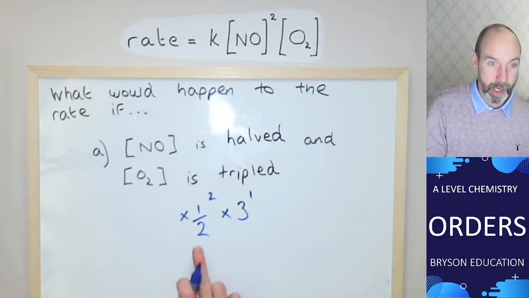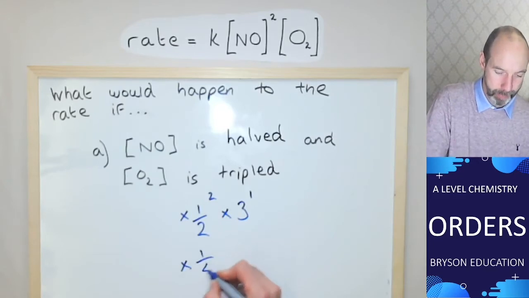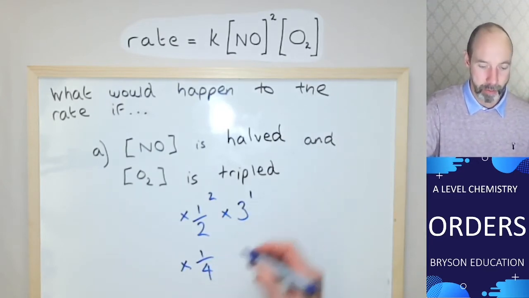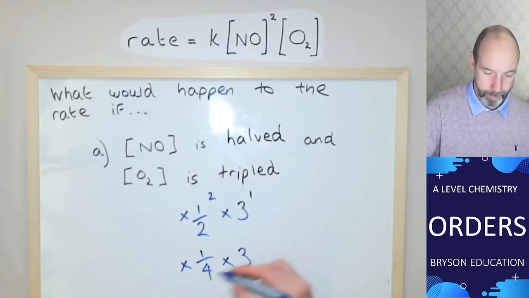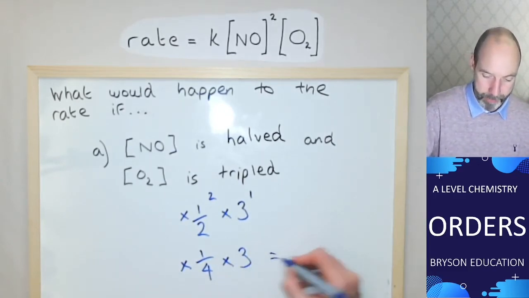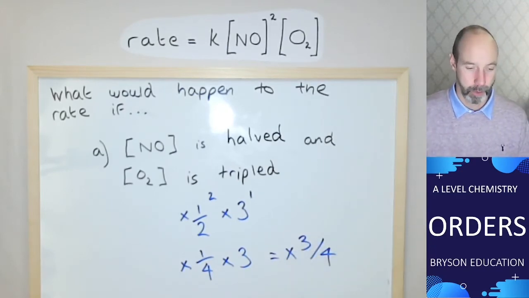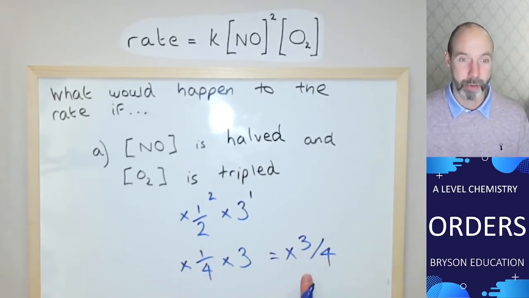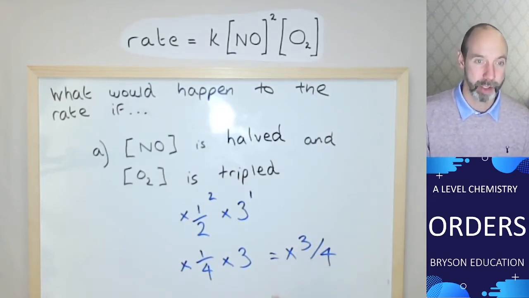Now if you put this into your calculator, a half squared is a quarter. 3 to the power of 1 is 3. 1 quarter multiplied by 3 is 3 quarters. So the rate would actually decrease here. It would only be 3/4 of what it was. So the rate would actually be reduced here.